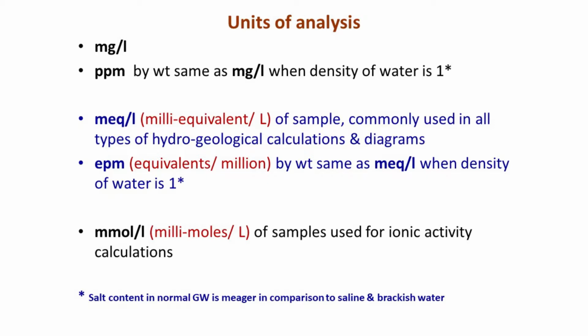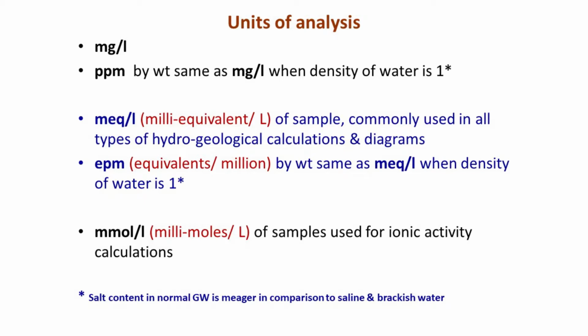Similarly, milliequivalent per liter of sample is commonly used in all types of hydrogeological calculations and diagrams. ppm, that is equivalent per million by weight, is same as milliequivalent per liter when density of water is 1. Millimoles per liter of samples is used for ionic activity calculation.